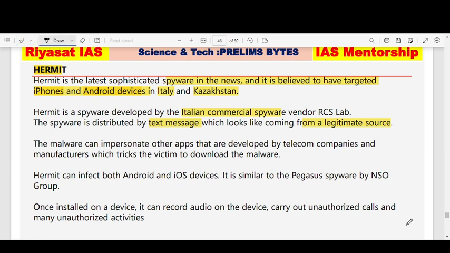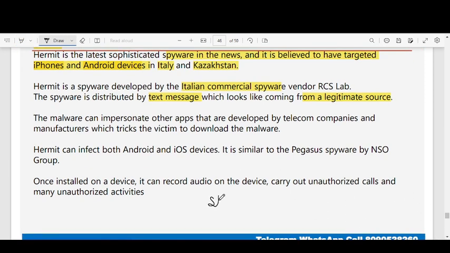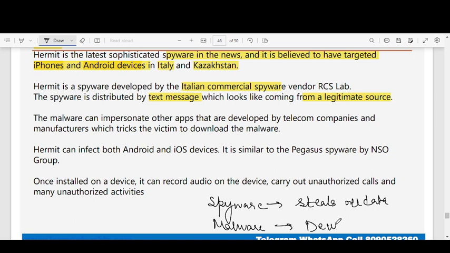The spyware's focus is on stealing the data, but malware focuses on your device destruction. Remember this difference. Device destruction is what happens with malware. Basically, Hermit affects Android and iOS both, and it is similar to Pegasus software.